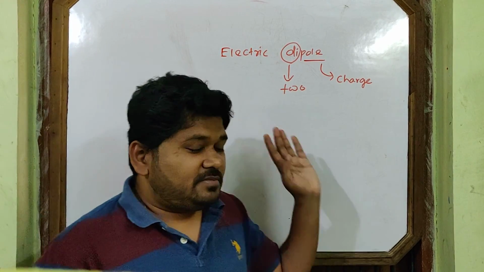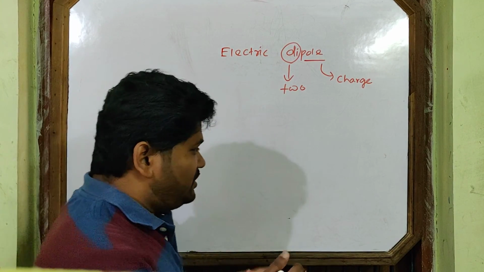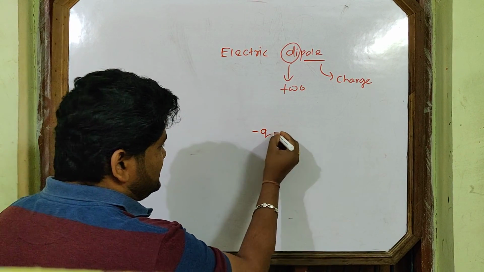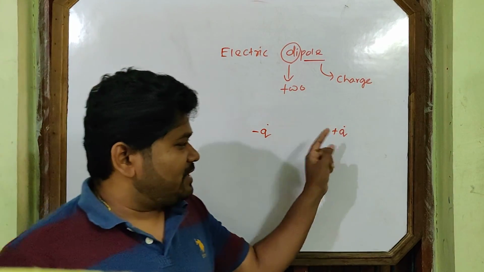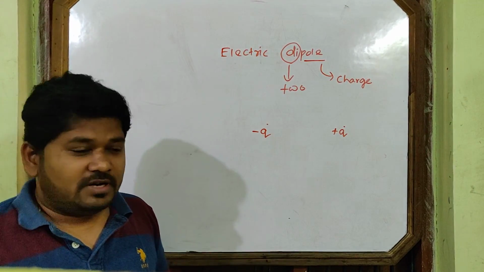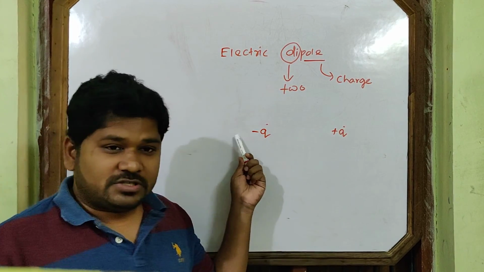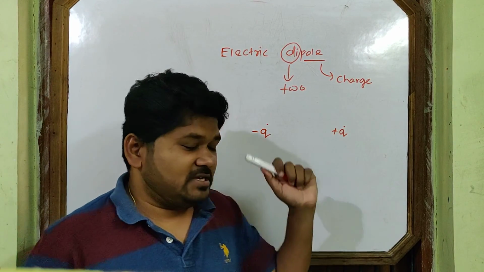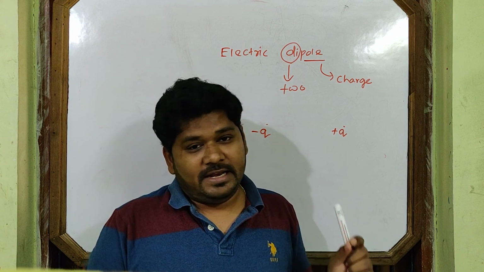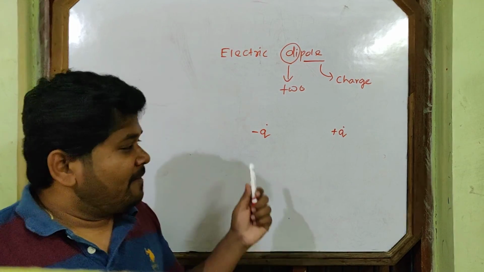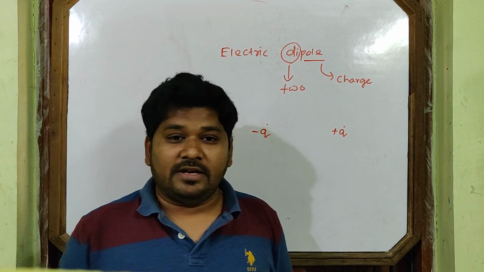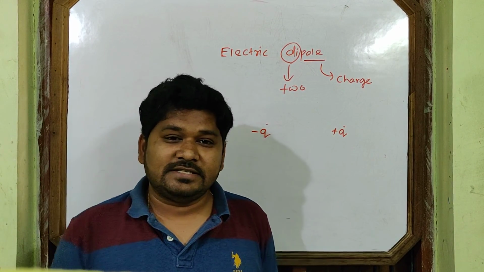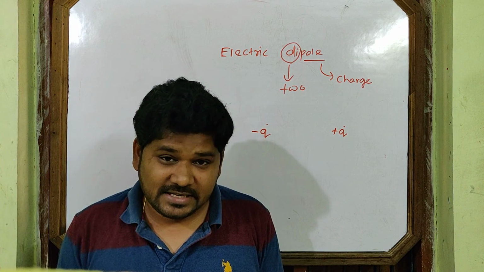Okay, now let's come. I told you the definition of dipole: 2 charges equal in magnitude, plus q, minus q, opposite nature, separated by a finite distance, is called an electric dipole. Now the question may come to your brain: how are these 2 charges separated by finite distance?